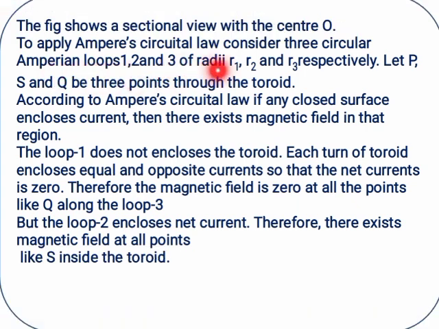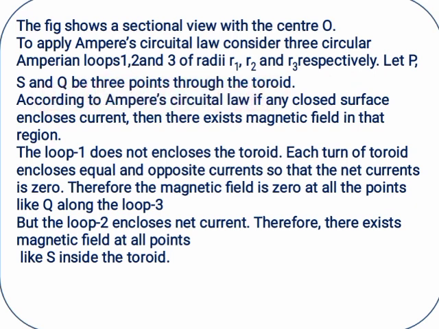And loops 1, 2, 3 are the Ampere loops we are assuming. Just as we assumed a Gaussian surface, similarly here we assume Ampere loops 1, 2, 3, with radii R1, R2, R3, and let P, S, Q be three points through the toroid.